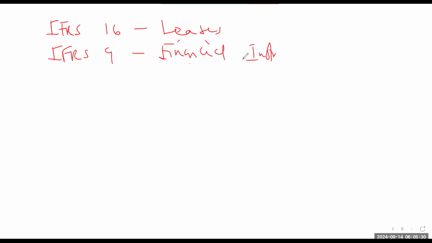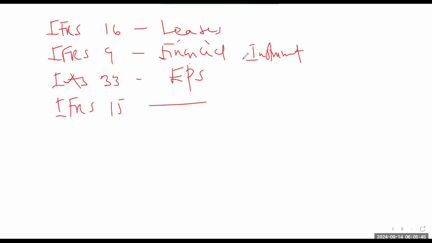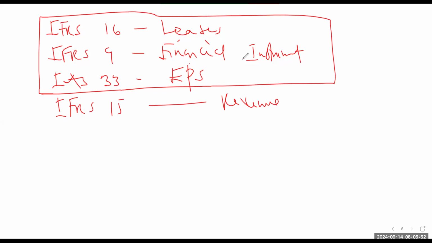Then we have IAS 33, which is earnings per share. Then maybe, if we are not able to do it in a normal class, the revenue, we bring the revenue down. But basically this is what we are going to be looking at. Okay, so that is it.